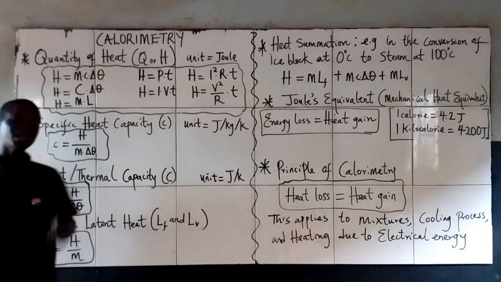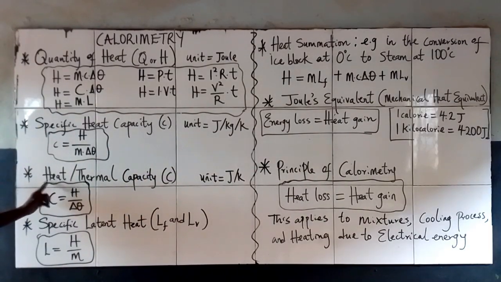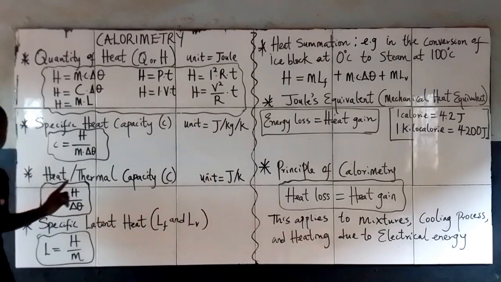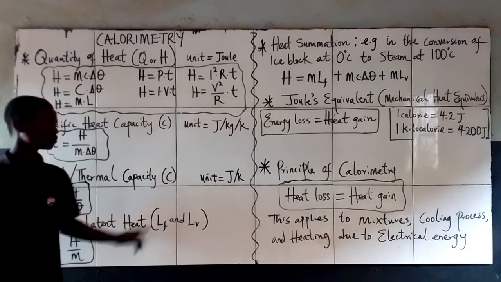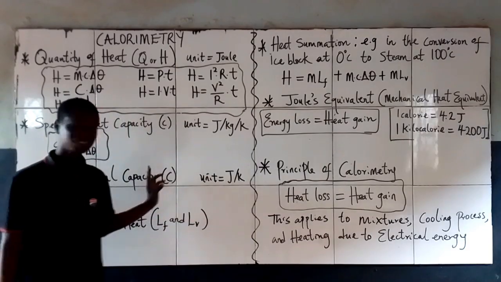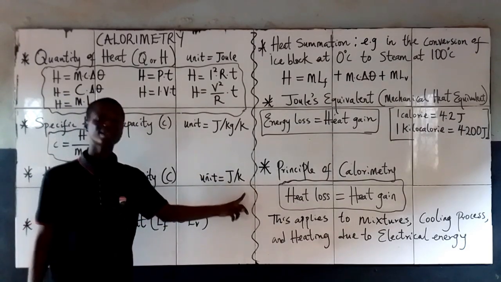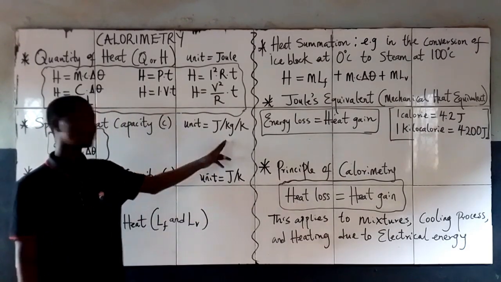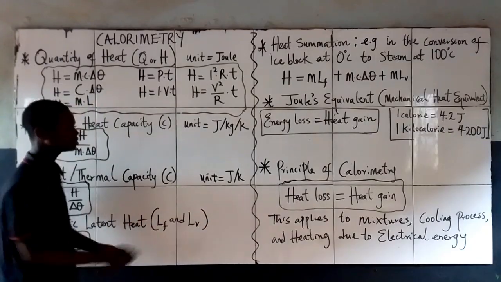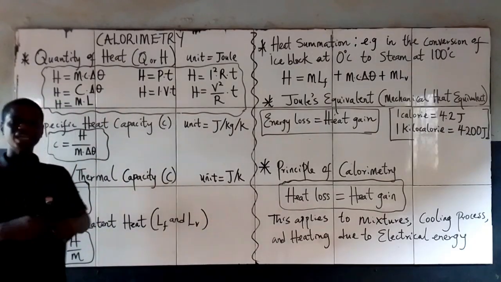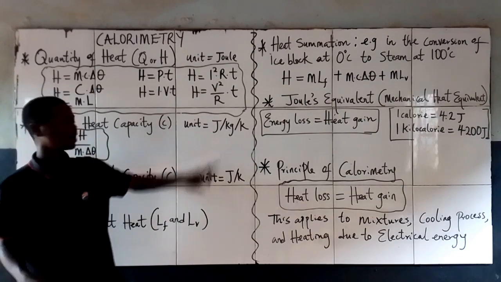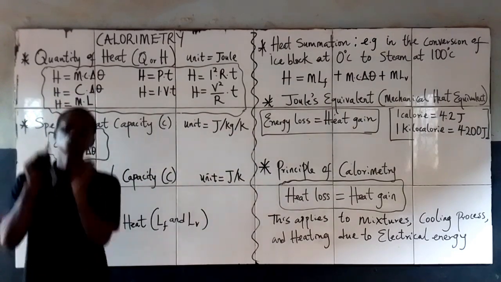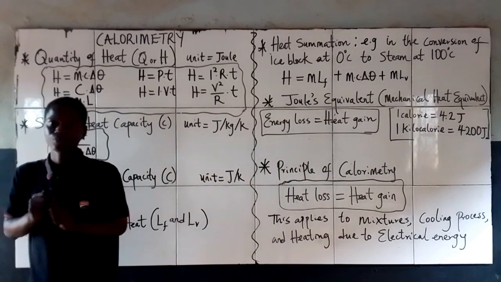Now if you are asked to find what is called heat capacity or thermal capacity, given as big C, the unit you should know for this is joule per Kelvin. Mind you, there is no per kilogram in this, because this is talking about the amount of heat the whole body possesses, while this is talking about the amount of heat a unit mass of that body possesses.